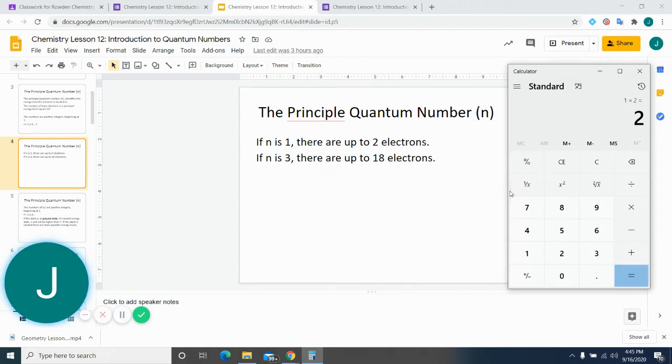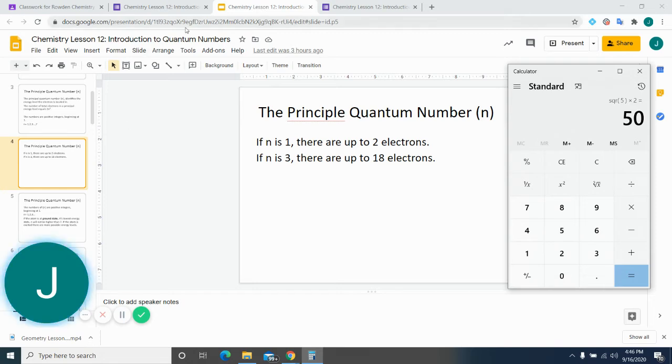If n is 3, then you'll do 3 squared, which gives us 9, then times 2 gives us 18. If the energy level is 5, you do 5 squared to get 25, times 2 gets you 50. Okay, so that's the equation.